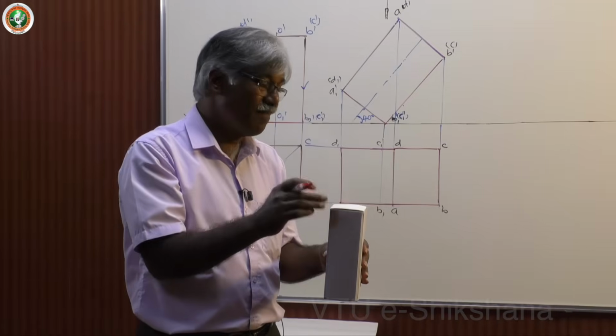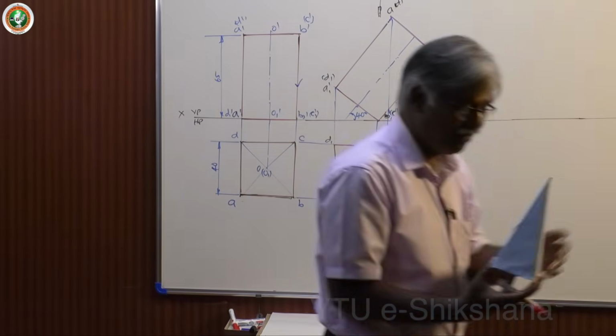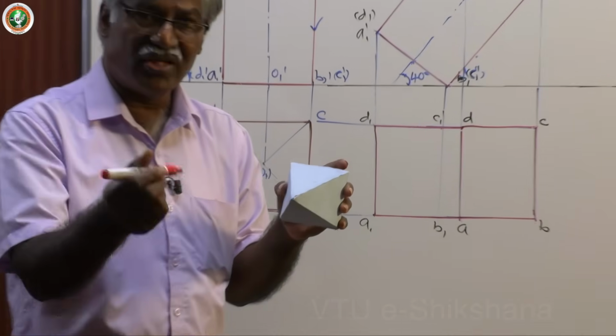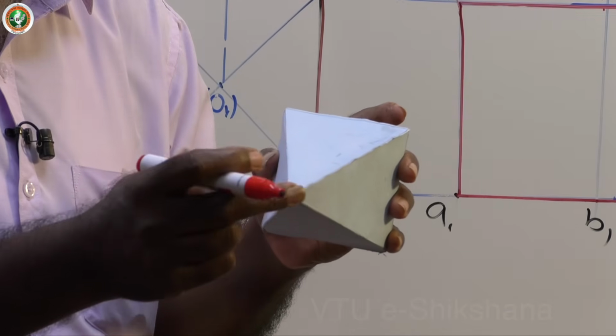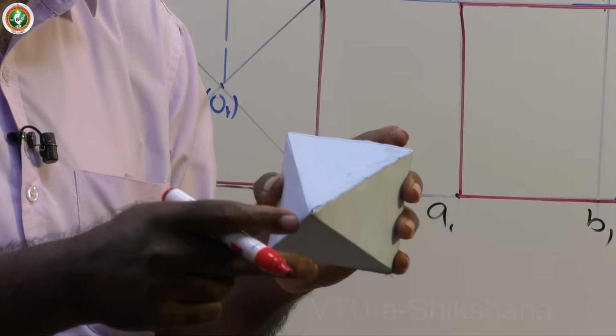In case of pyramids, for example, if I take up this square pyramid, if I keep it like this, what is front view? Front view is a square, and midpoint is as vertex, and I have to draw in the slant edges as the dark lines.